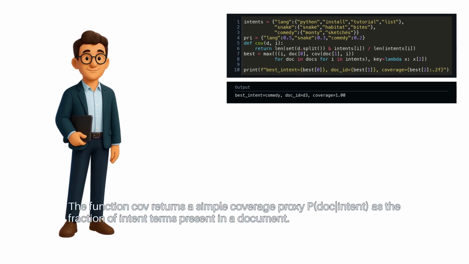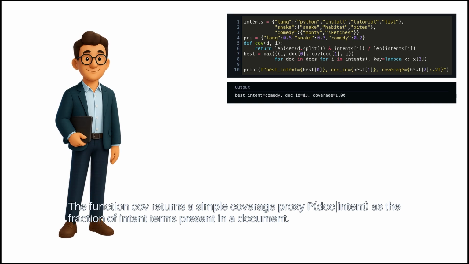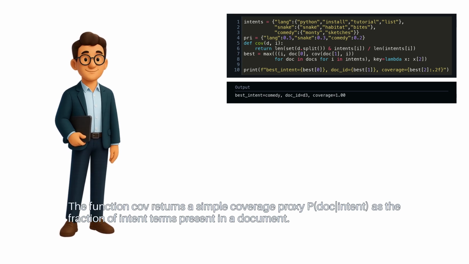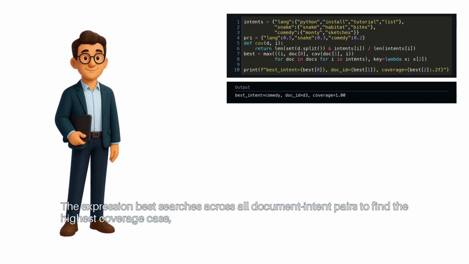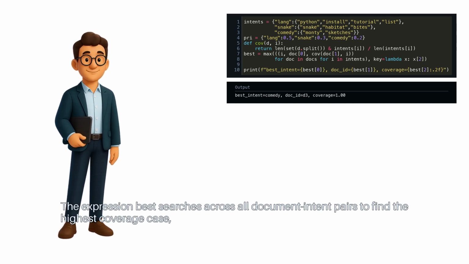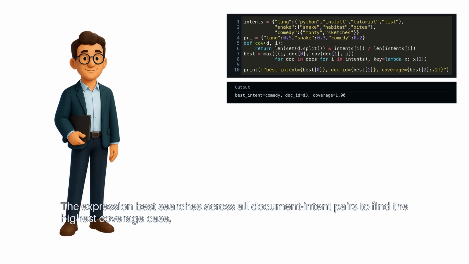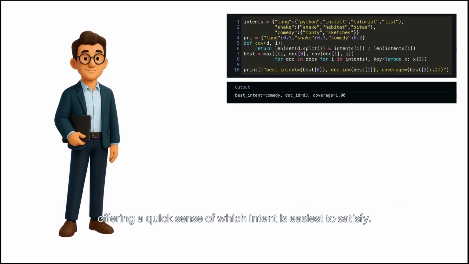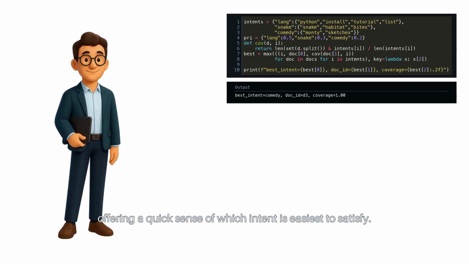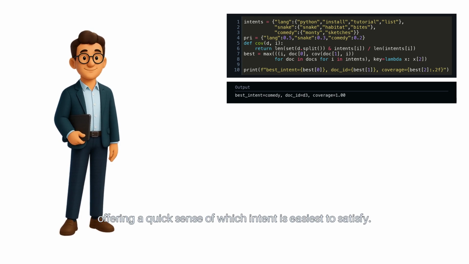The function cov returns a simple coverage proxy, p(doc|intent), as the fraction of intent terms present in a document. The expression best searches across all document-intent pairs to find the highest coverage case, offering a quick sense of which intent is easiest to satisfy.